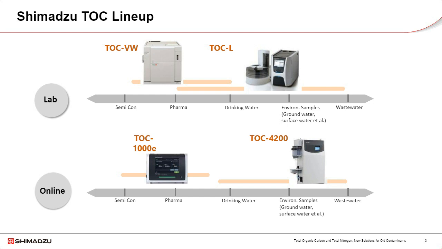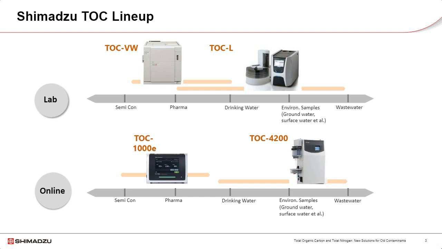These range in measurement from ultra-pure applications using our TOC 1000E for samples like semiconductors and pharmaceutical applications, and then we have our TOC 4200 online analyzer for the higher level stuff, from drinking water and environmental samples all the way up to wastewater samples. These analyzers are designed for online, which means they're in-process analyzers.